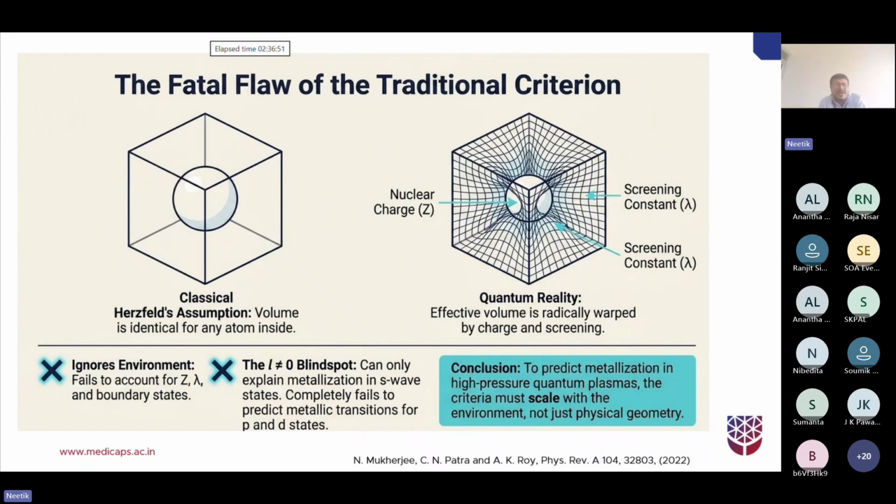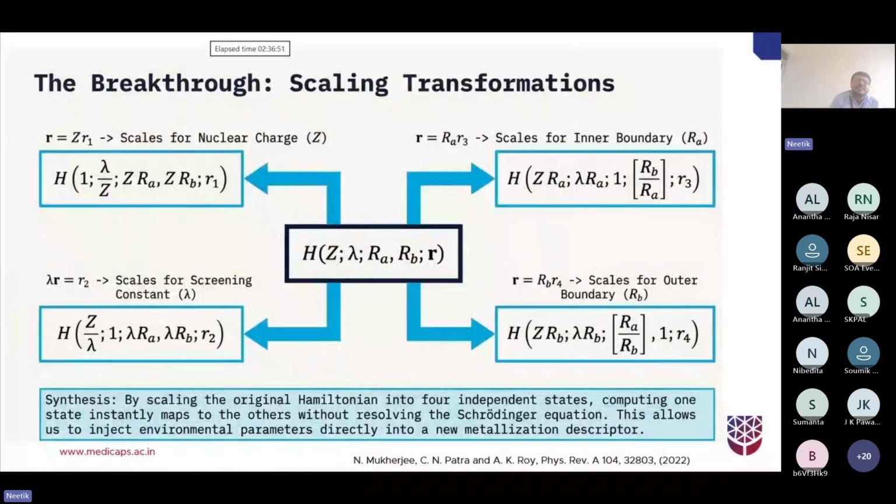So in that context, we incorporated a scaling concept to include the effect of charge, screening constant, and boundary effect in the criterion, because all these factors influence the electron density and also the polarizability of the system as well as the volume.